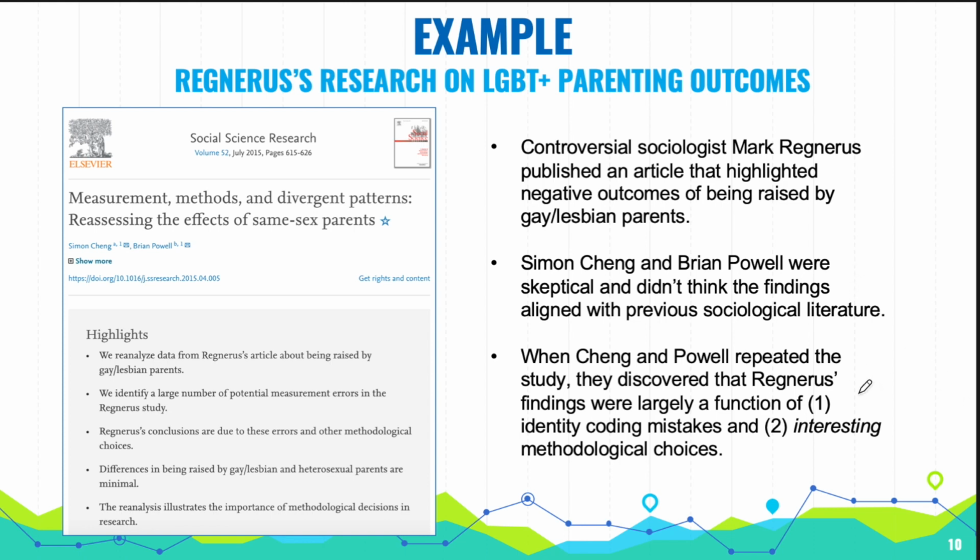To give away the punchline, when Cheng and Powell repeated the study, they discovered that Regnerus' findings were largely a function of one, miscoding identities of couples, grouping some folks into the gay and lesbian category that weren't. And then also, and I won't go into it here, some interesting methodological choices.